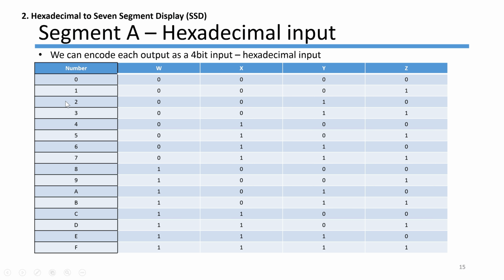To show number 2 should be 0, 0, 1, 0, and so on, until you reach F, which is 1, 1, 1, 1. So this is the table to encode each of the output numbers we want into a hexadecimal input into our HEX2SSD.